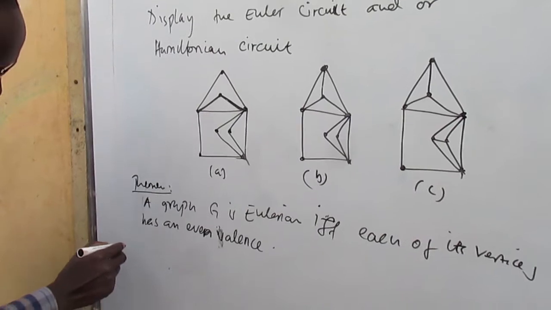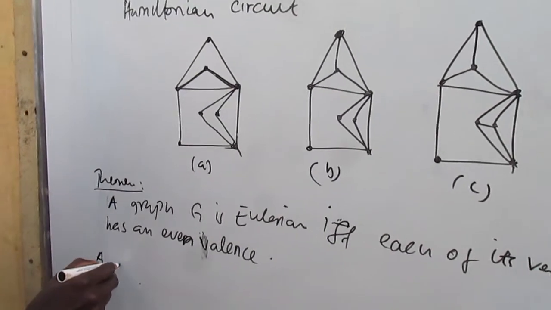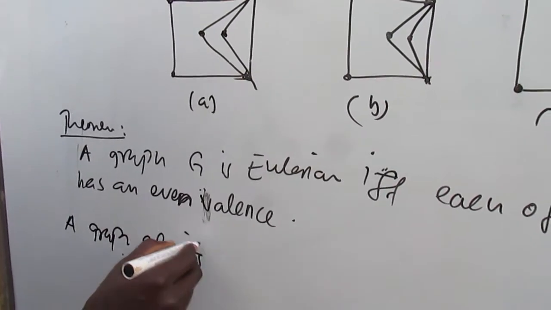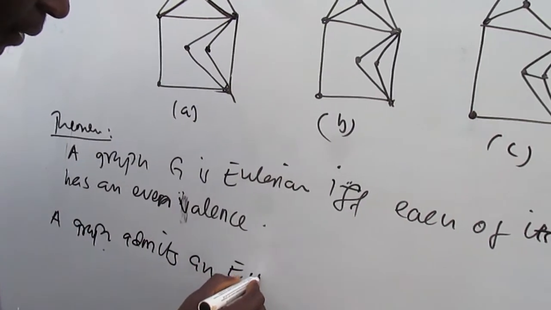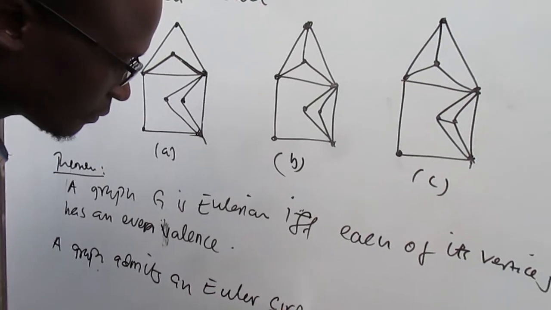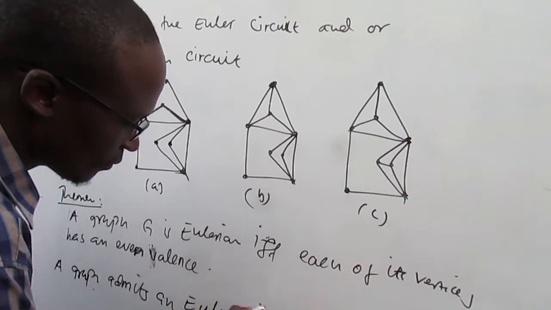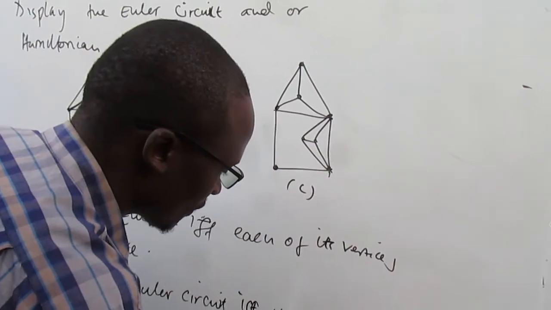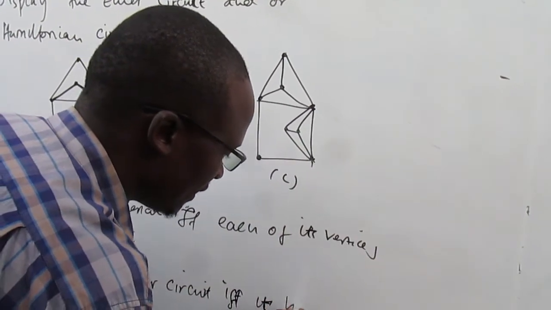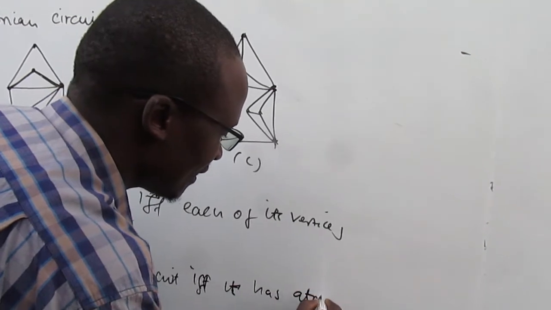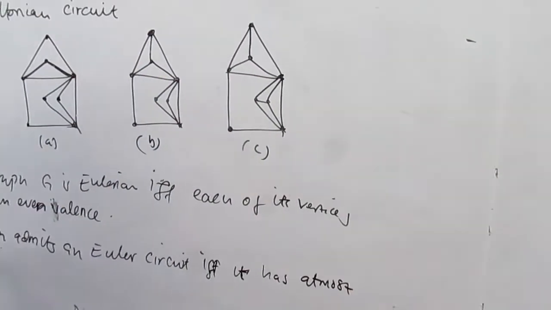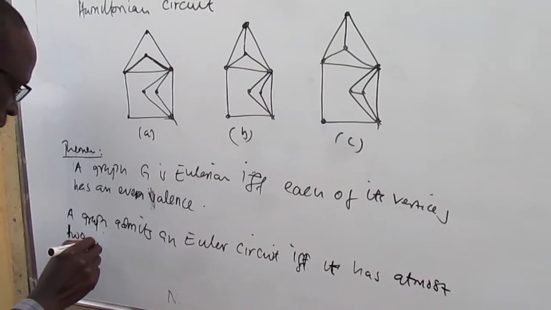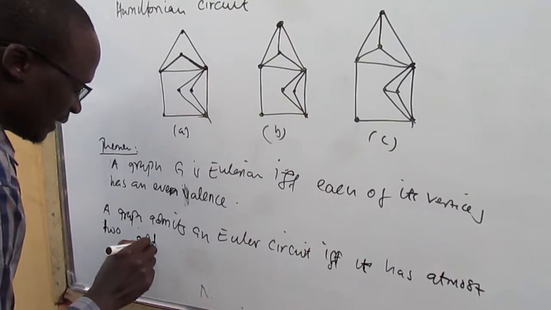When it comes to displaying the Euler circuit, there's another theorem from which this theorem was derived, and it simply states that a graph admits an Euler circuit if and only if it has at most two odd vertices.